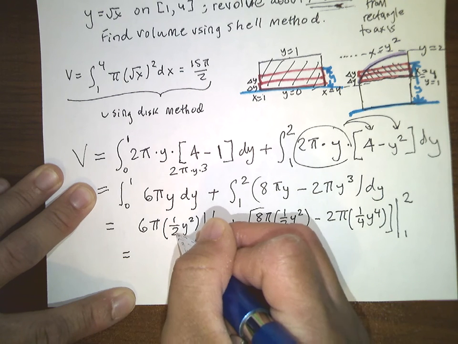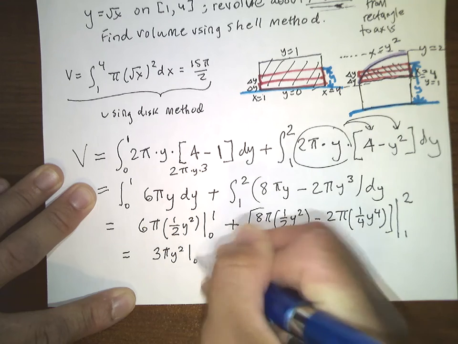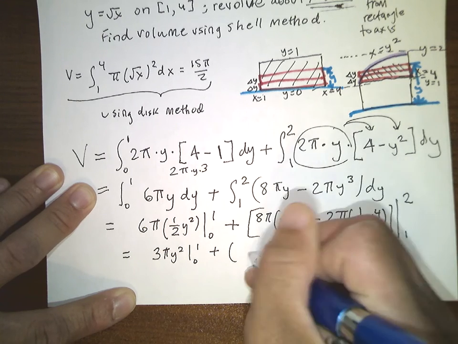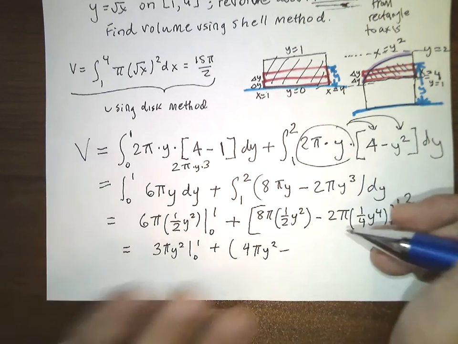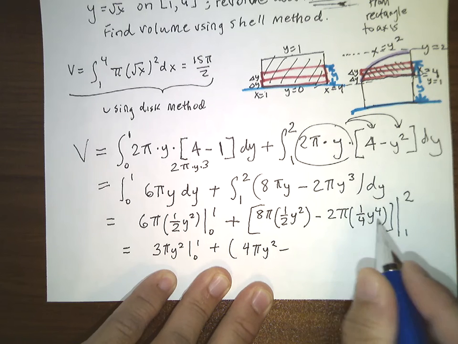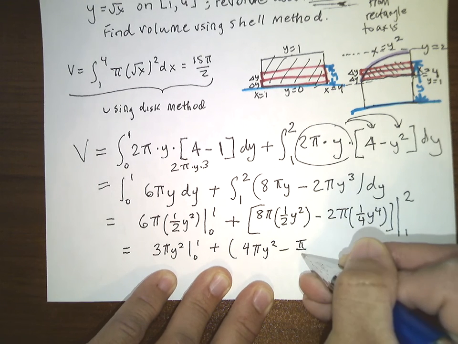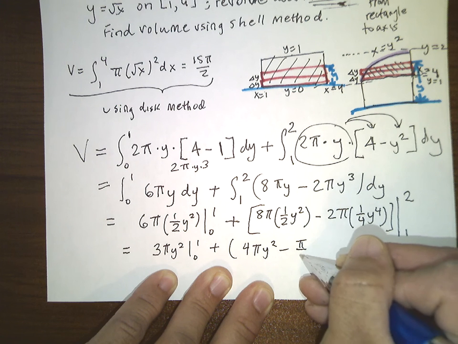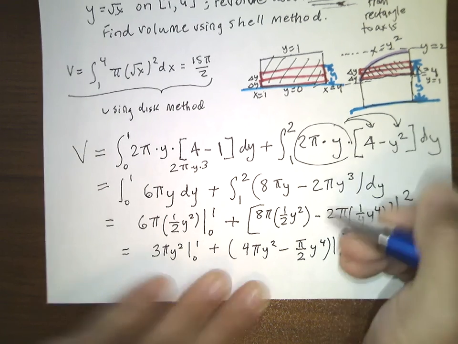A 6 times 1/2 is 3. So 3 pi y squared, evaluated from 0 to 1, plus 8 pi times 1/2 y squared. That's 4 pi y squared minus 2 pi times 1/4 y to the 4th. That's pi over 2 y to the 4th, evaluated from 1 to 2.